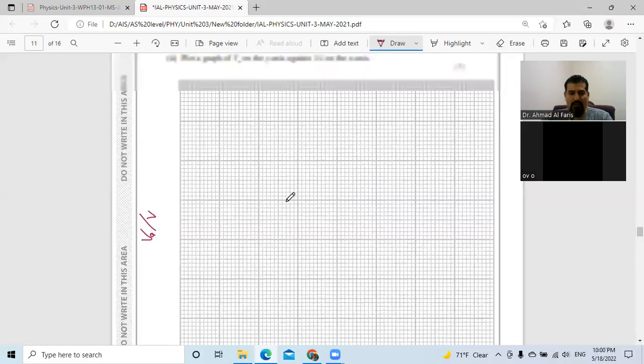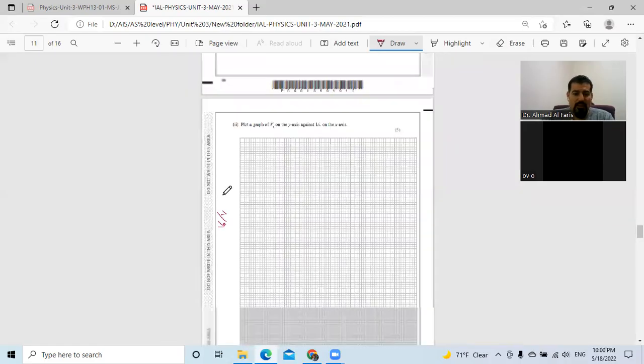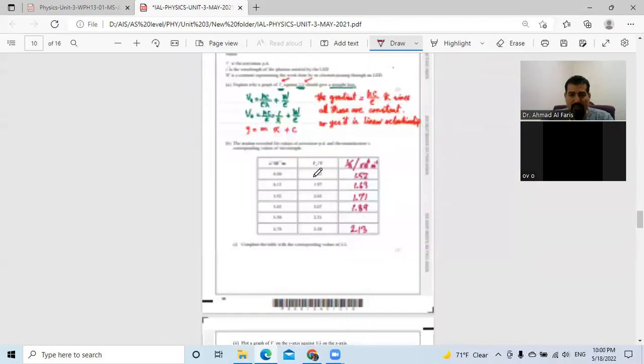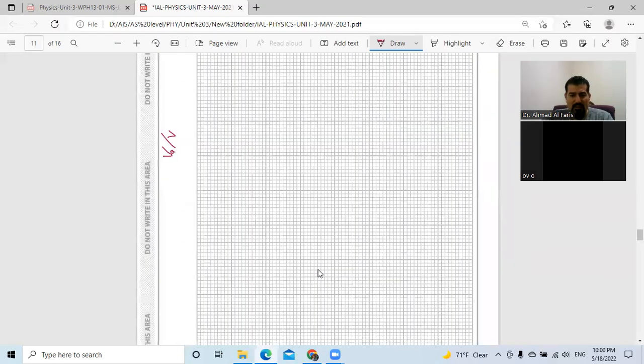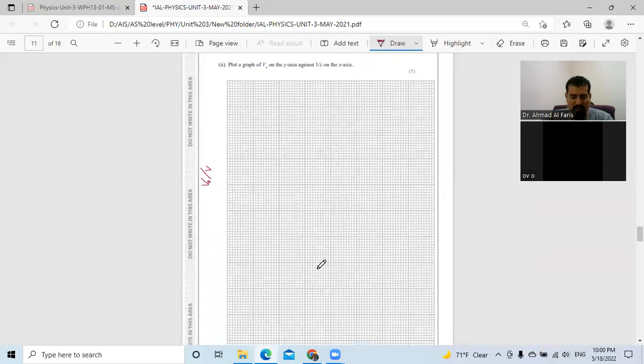No, it's not necessary. So what is the smallest value that I have here in the voltage? It's 1.8. What's the greatest value? It's 2.58. So that means I will start my axis from, let's say, 1.7 or 1.6.